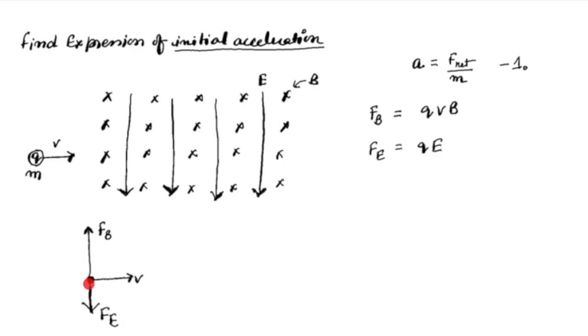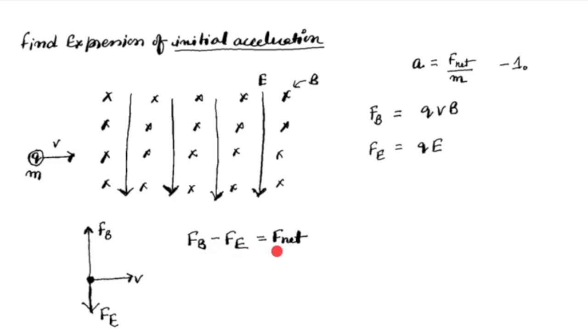But they are in one line, so we can add them up with signs. So FB minus FE will be the net force. Downwards I'm taking as negative and upwards as positive. That's why FB is positive and FE is negative, and I've added them up.